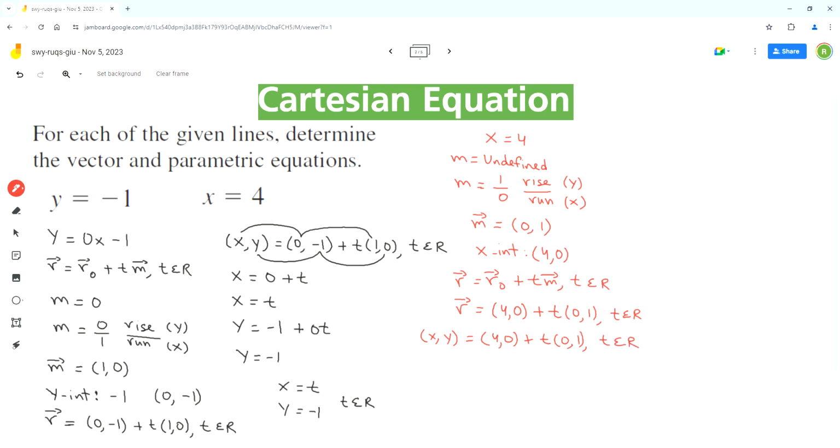Now we can break up this line into the parametric equations. So for x equation, we'll use the x component. And we'll multiply the components of vector 0, 1 by t. Zero times t is equal to 0, so we can ignore that term. So this is the x equation. Now we can write the y equation.